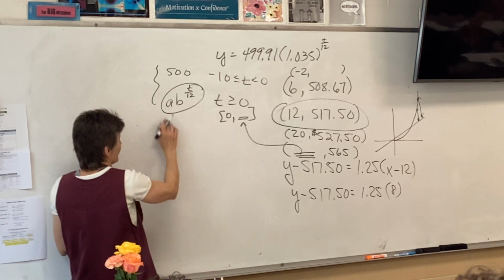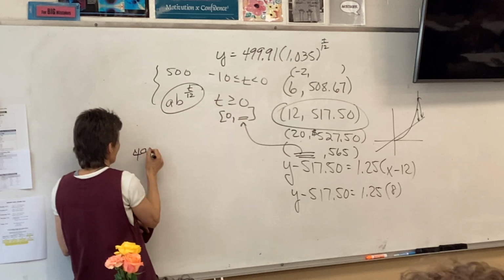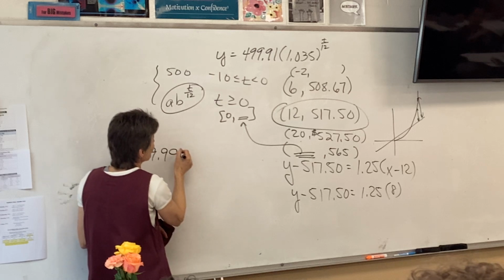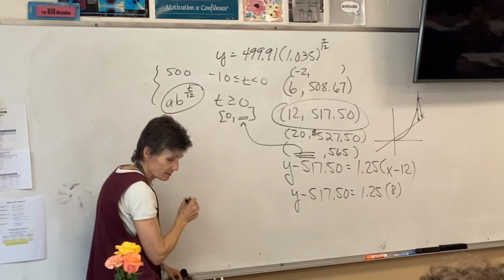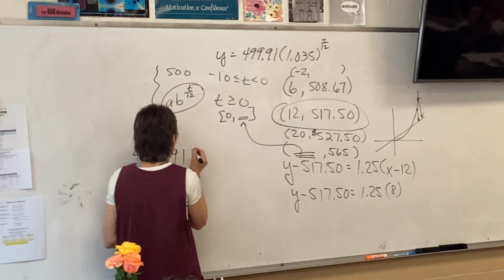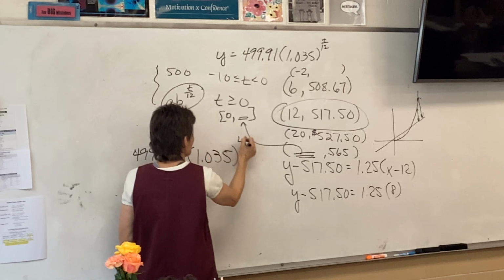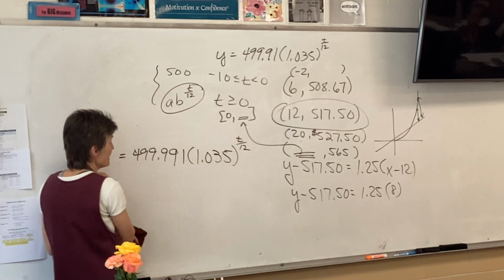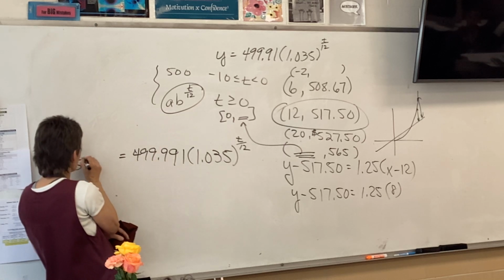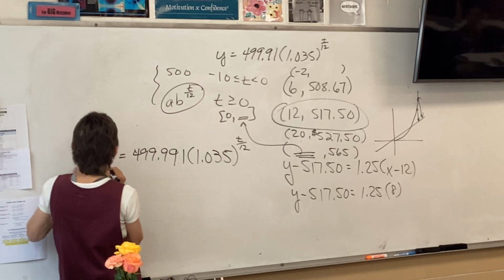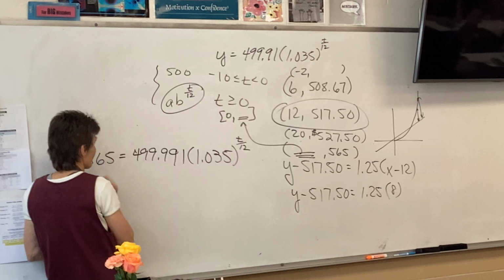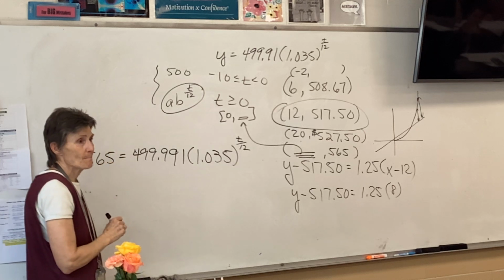499.99 times 1.0 to the t over 12 has to equal 565. How do we solve it?